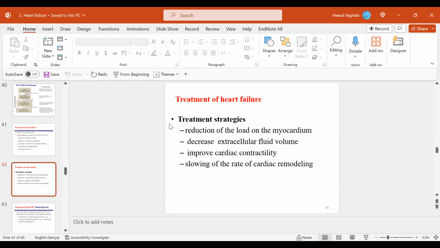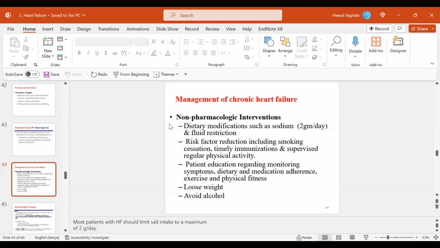So, treatment strategies. In hypertension, we talked about all these ACE inhibitors and beta blockers, so I'm just going to go into the algorithm. Non-pharmacological interventions, of course: dietary modifications with low sodium and fluid restriction, because we know it's causing edema, so you don't want more fluid in your body.